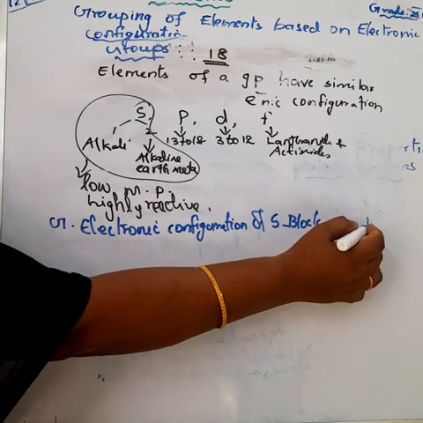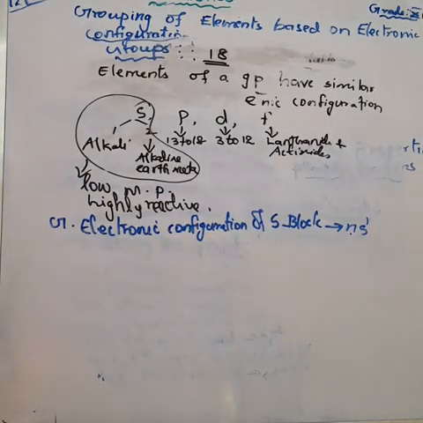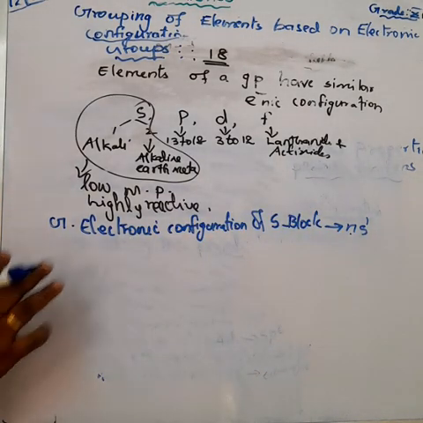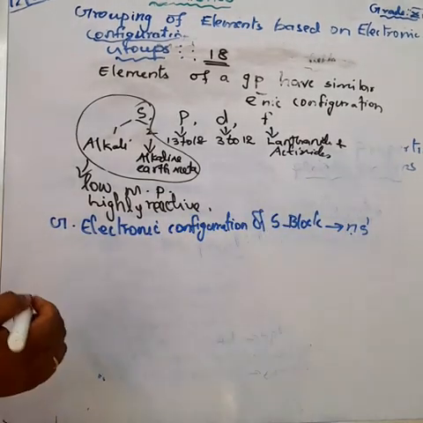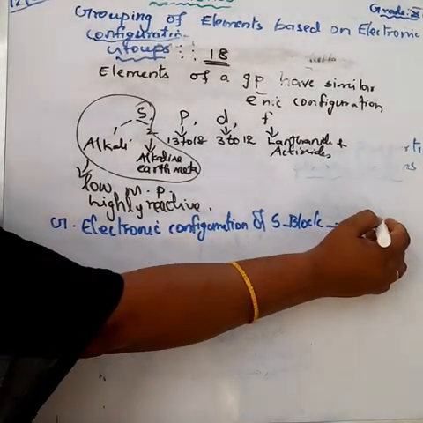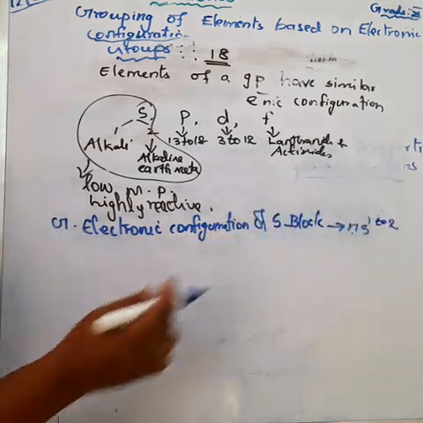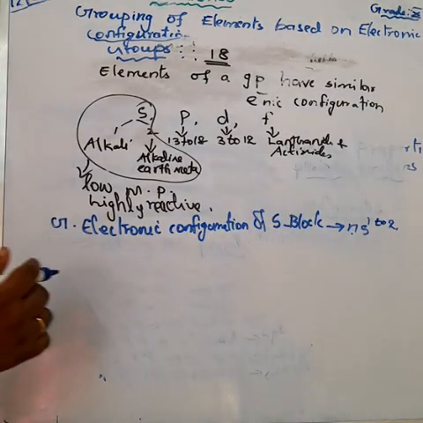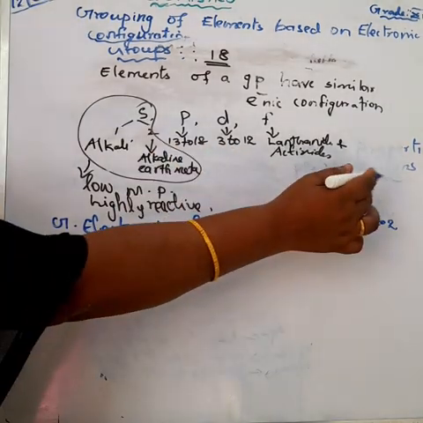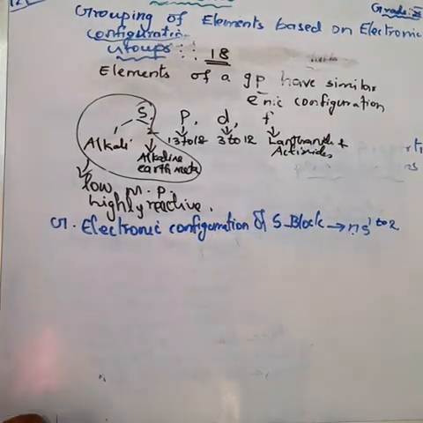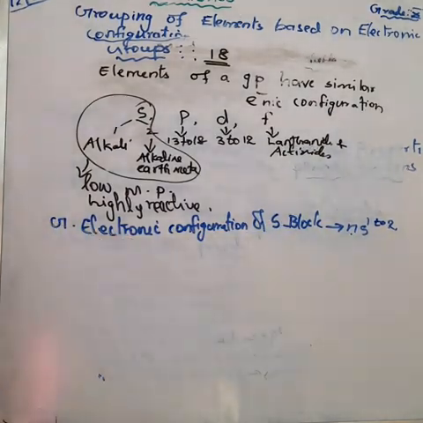What do we mean by n? n means the number of the shell. For example, what are the first group elements? Lithium, sodium, potassium, rubidium, cesium, francium.